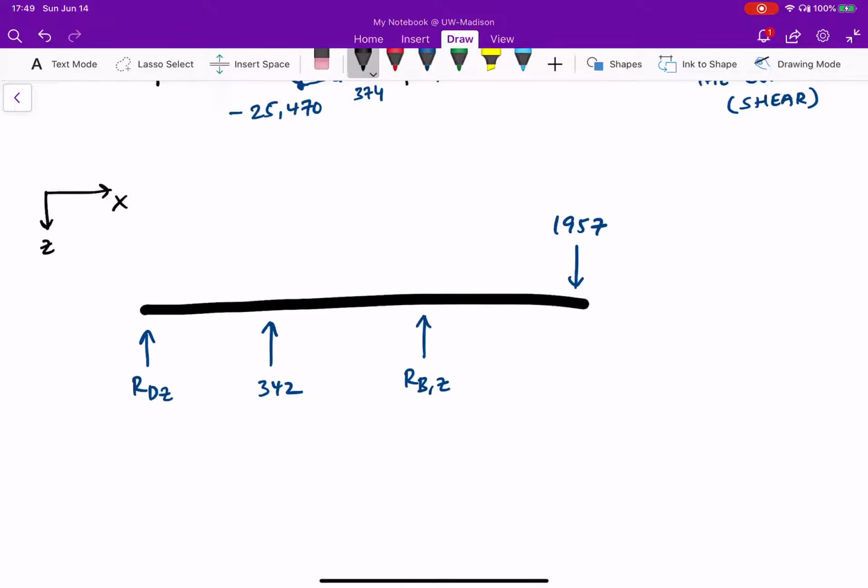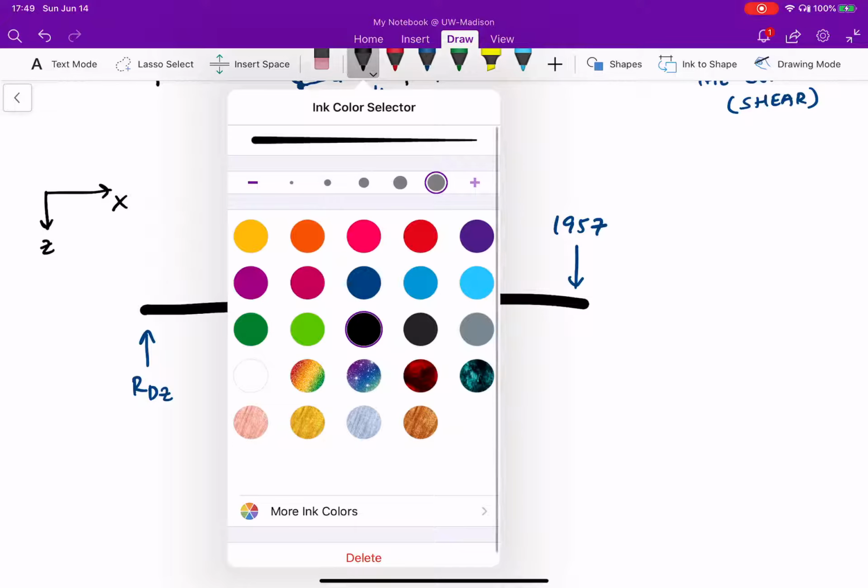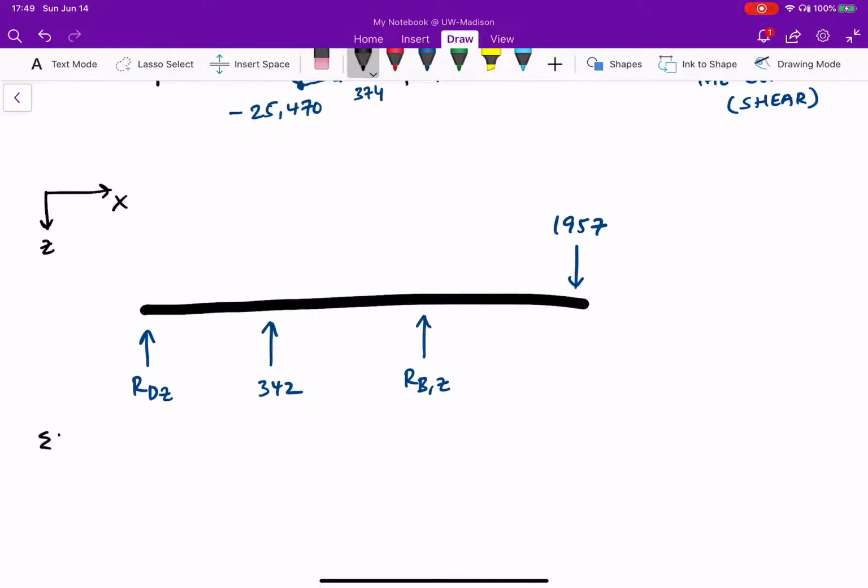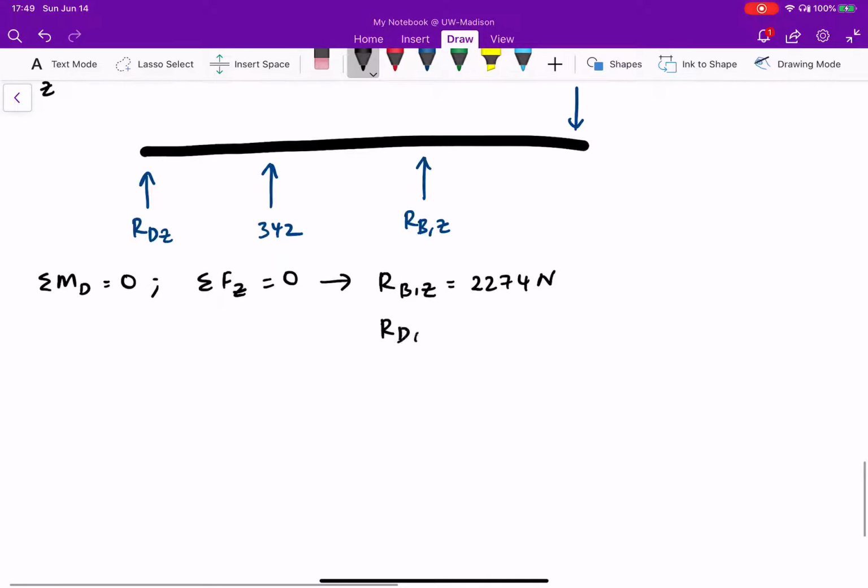And then again, using sum of moments about D equal to 0 and sum of the forces in the Z equal to 0, I get RBZ equal to 2,274 newtons and RdZ equal to negative 659 newtons.